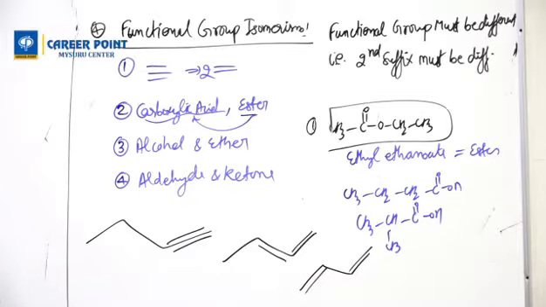So total 3, including the first one. The next one now. So this is functional group isomerism.